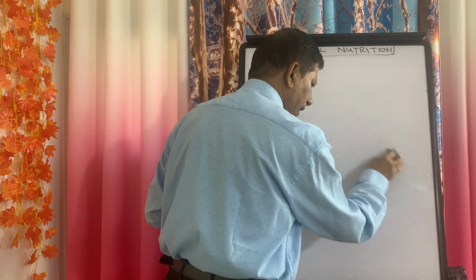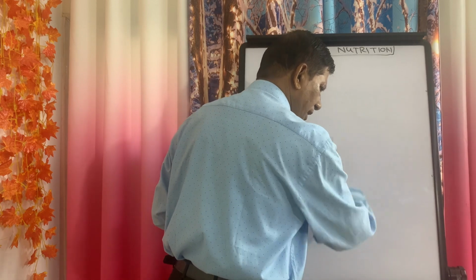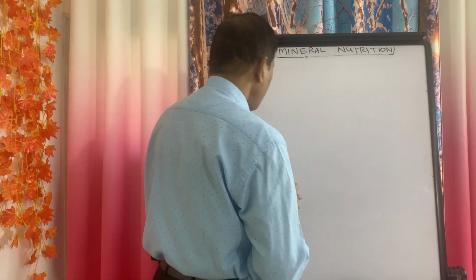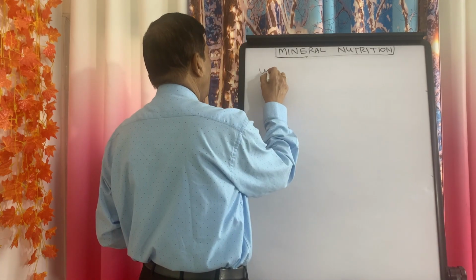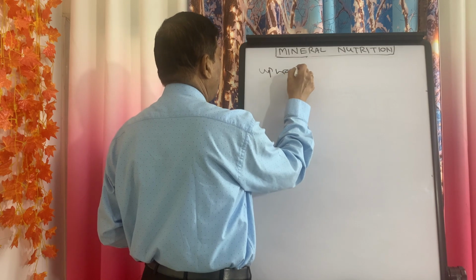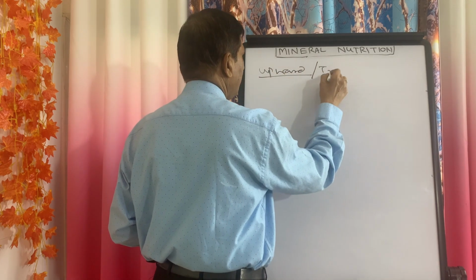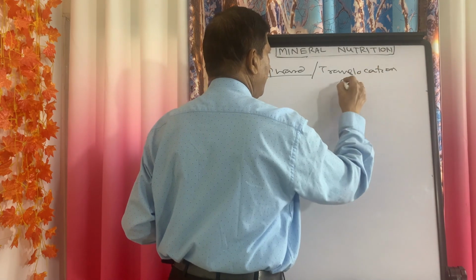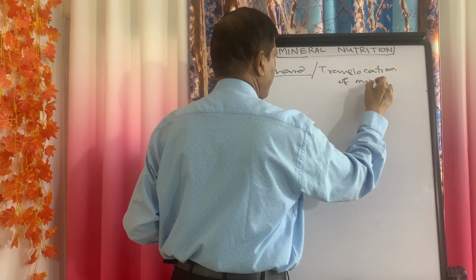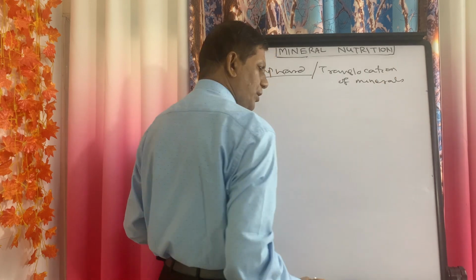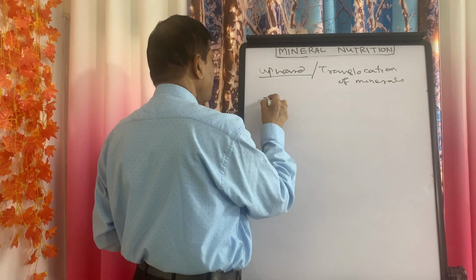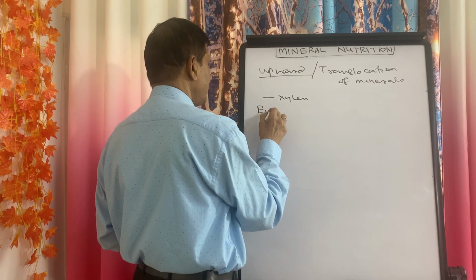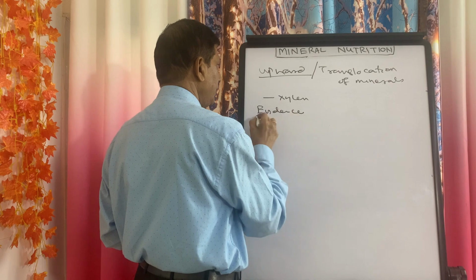But what is the evidence that actually it moves through that? The upward movement, or we can call it the translocation of minerals, usually takes place through the xylem. Now what is the evidence that they move through the xylem?